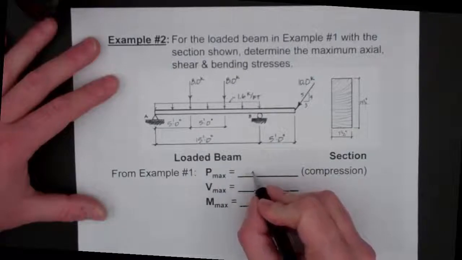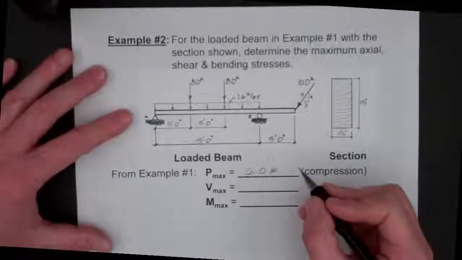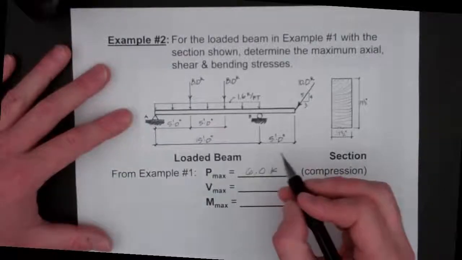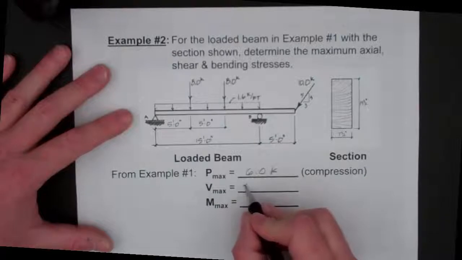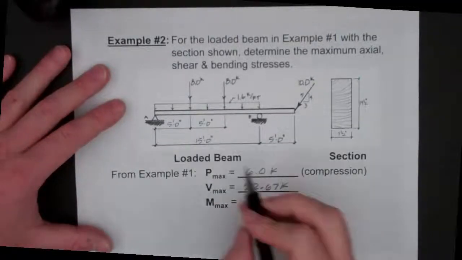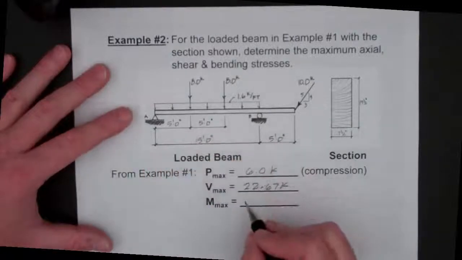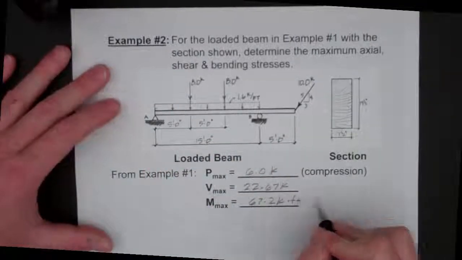From the shear diagram, we know that the maximum shear is just to the left of point B, which is equal to 22.67 kips. And lastly, our maximum moment was within our span at a value of 67.2 kip-feet.